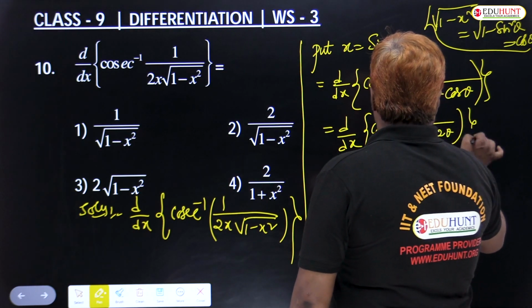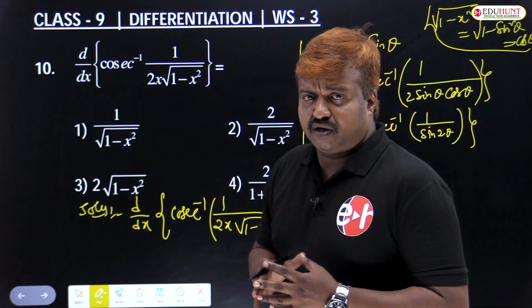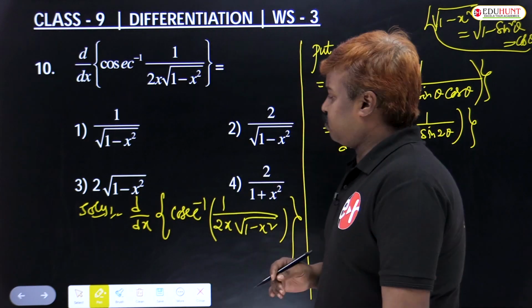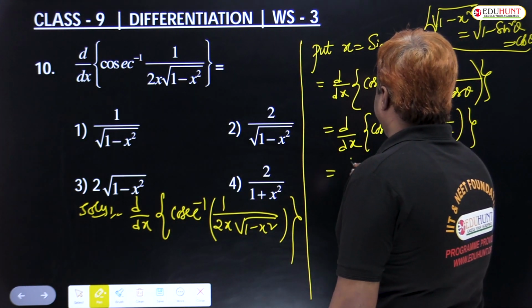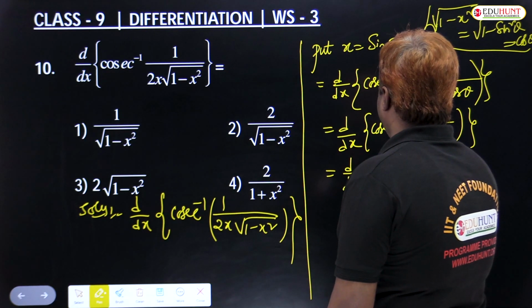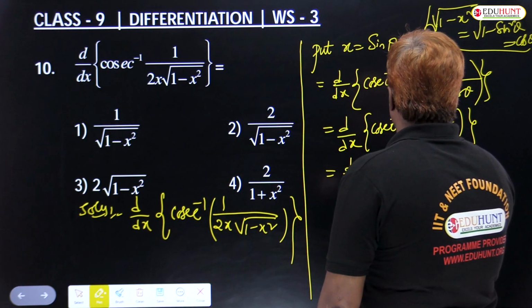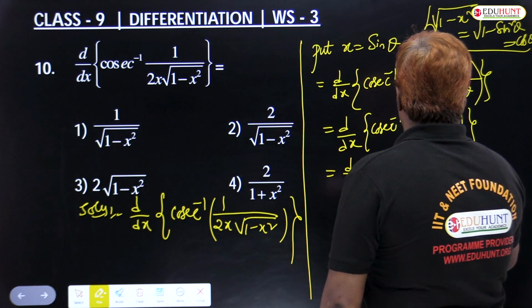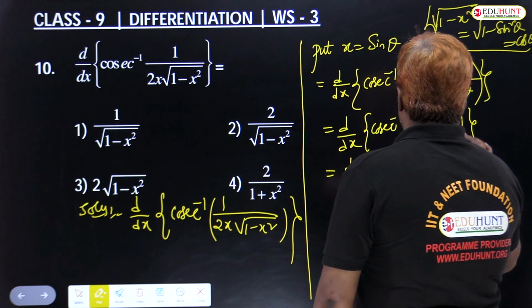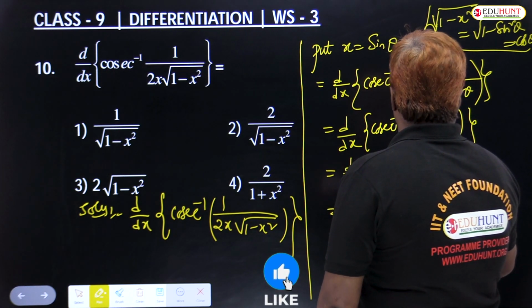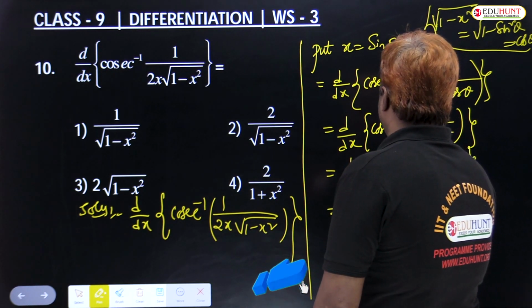Nothing but what here, children? 1 by sin. The reciprocal of sin is cosecant. Now d by dx of cosecant inverse of cosecant 2 theta. So cosecant inverse and cosecant cancel. Now 2 theta is the answer here.